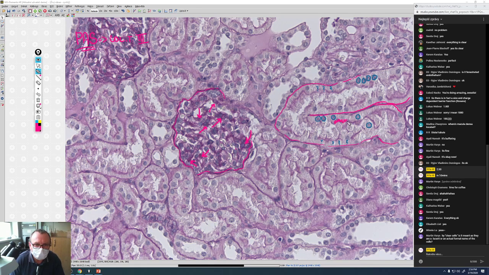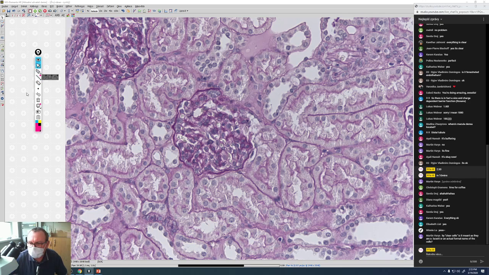You can notice some PAS positivity of brush border as well, because it's rich in glycoproteins, and these glycoproteins form glycocalyx. So that's why we are using this staining, and you should know it.